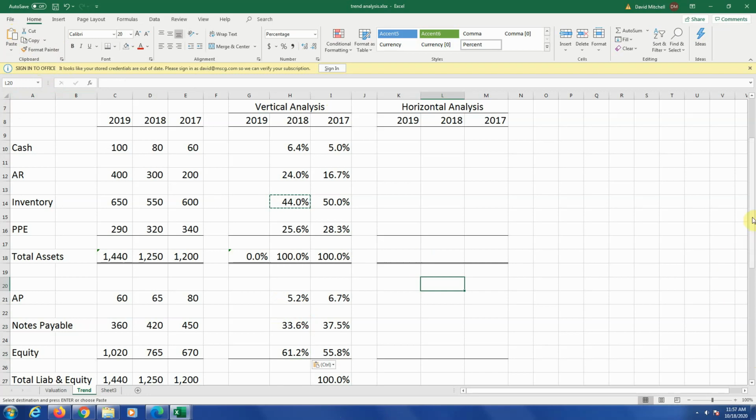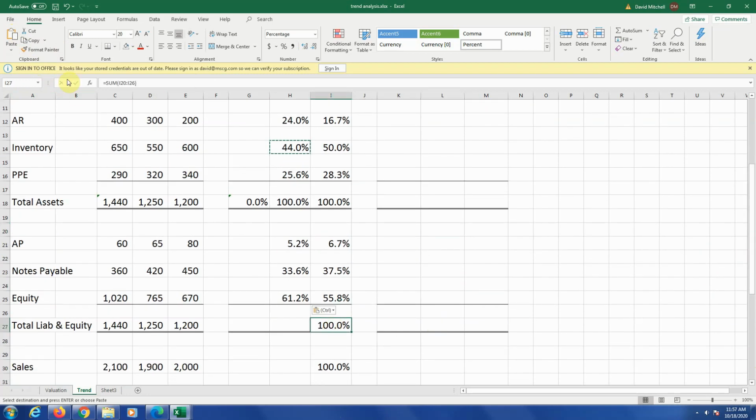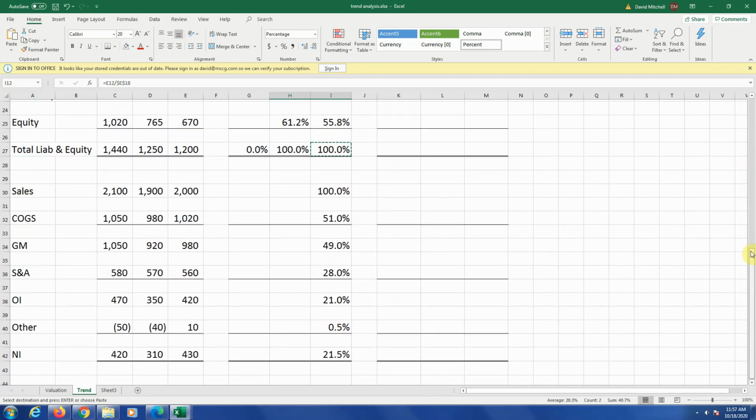So nothing significant there that would worry me or cause me to want to do further investigation. The only line I might be interested in is accounts receivable, but I'll probably wait and look at 2019 before I get worried about it.